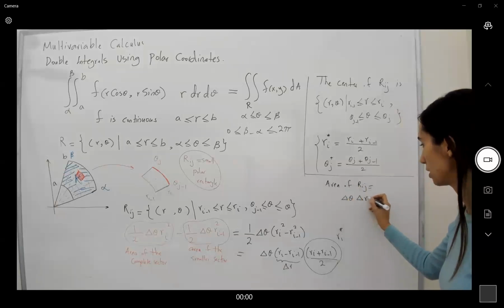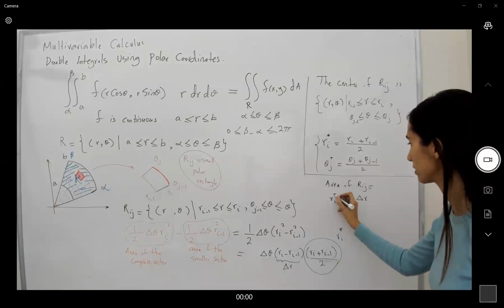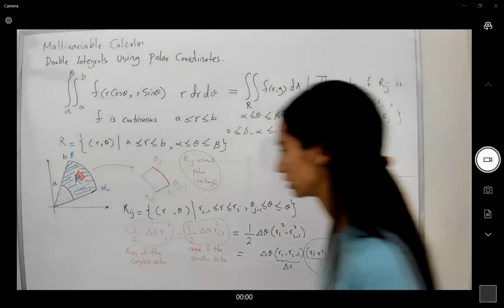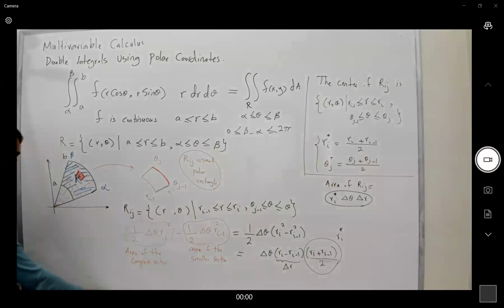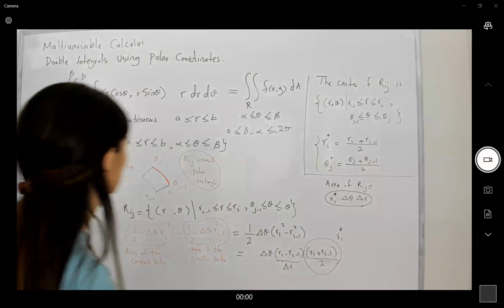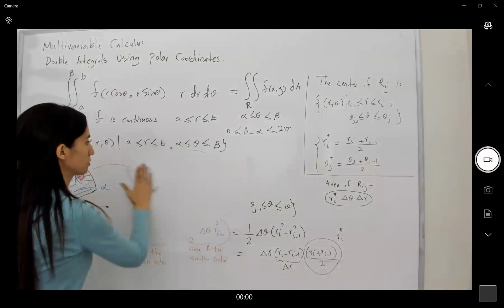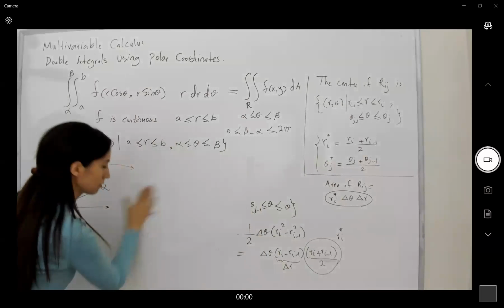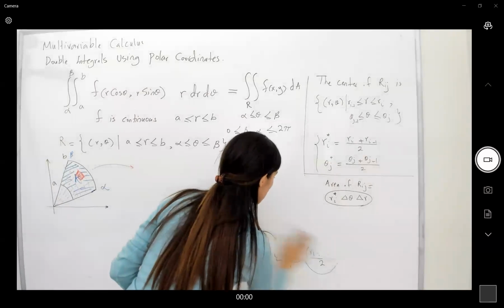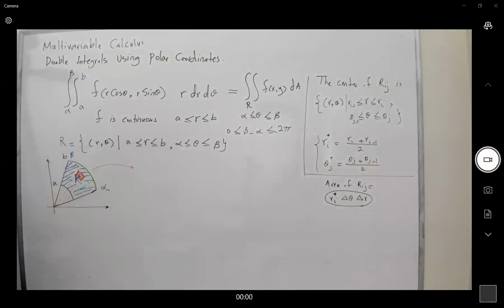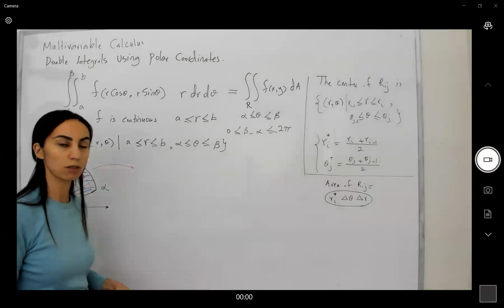And we defined Ri star here. Now you see, I have my area, and now I'm going to take the double Riemann sum.